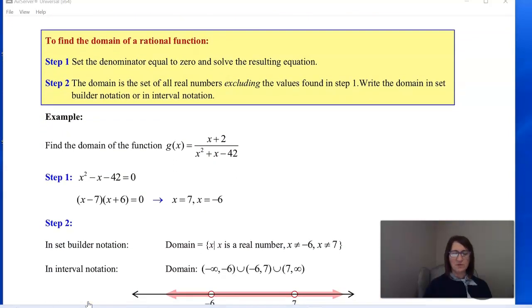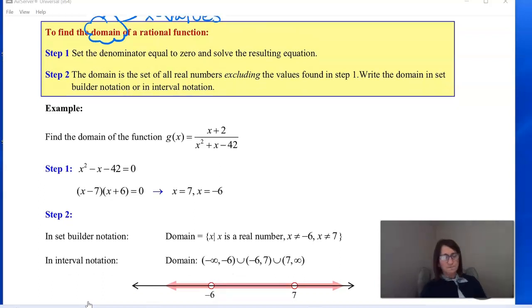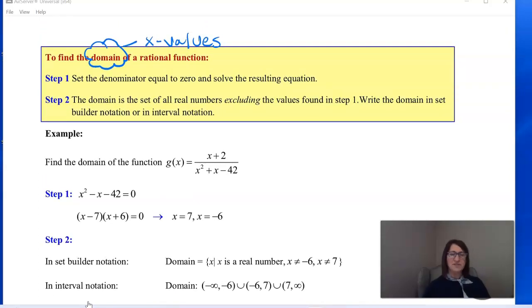All right, so that leads us to the next thing, which is how do you find the domain of a rational function? Remember that the domain is simply the x values. That's all we're concerned with at this moment. The first step is to set the denominator equal to 0.